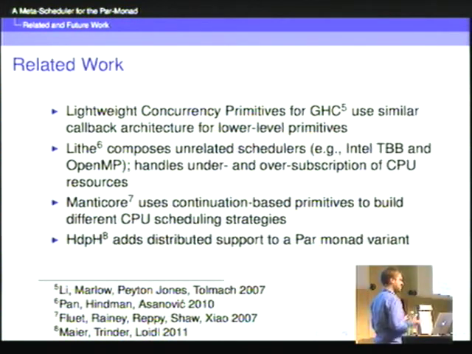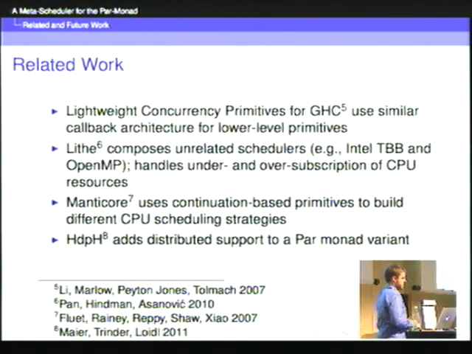So there's a number of techniques that we draw on for this work. Most recently, the lightweight concurrency primitives for GHC uses a very similar architecture where a small kernel with a limited number of callback interfaces and primitive operations proves sufficient to implement some rather sophisticated performance operations.